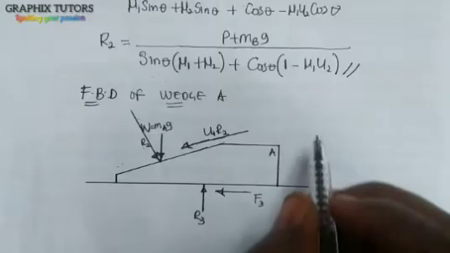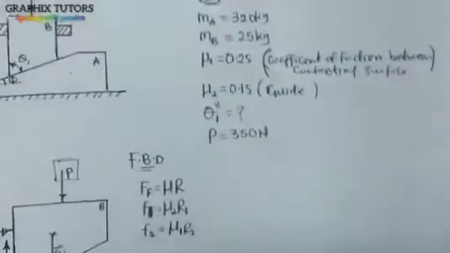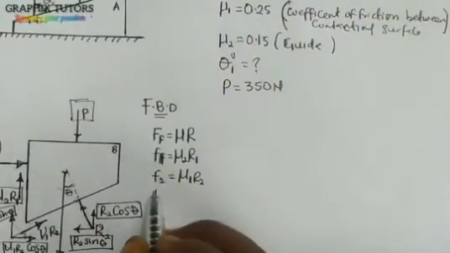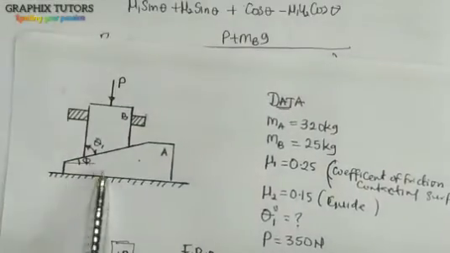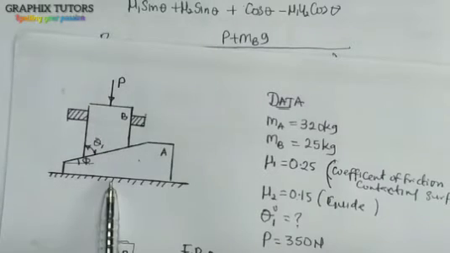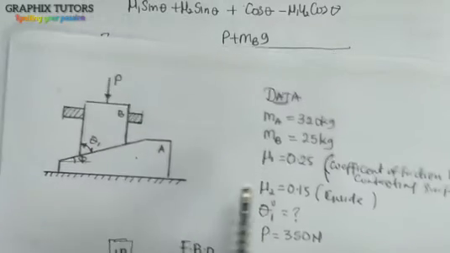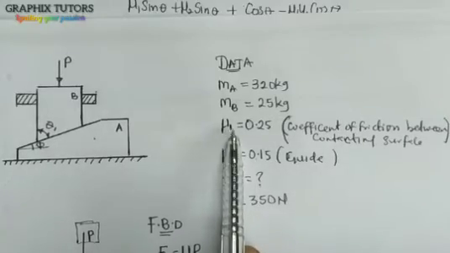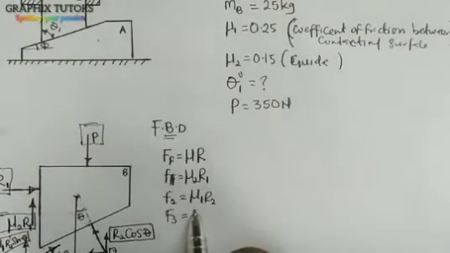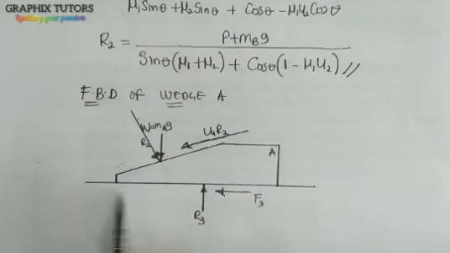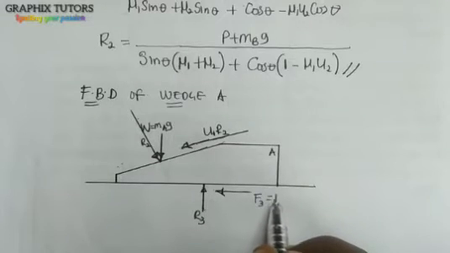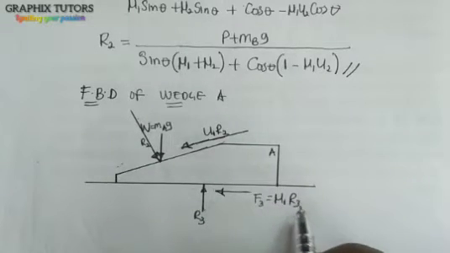From the analysis we did earlier, our F3 will now be equal to, now what did I tell you? This part here is the contacting surface. Here and here are contacting surfaces. The contacting surface we are using is mu1, right? So in this case, my F3 will give me mu1, but what? R3, because this is the reaction 3 here. So this will give me mu1 R3 going in this direction. Is that okay?